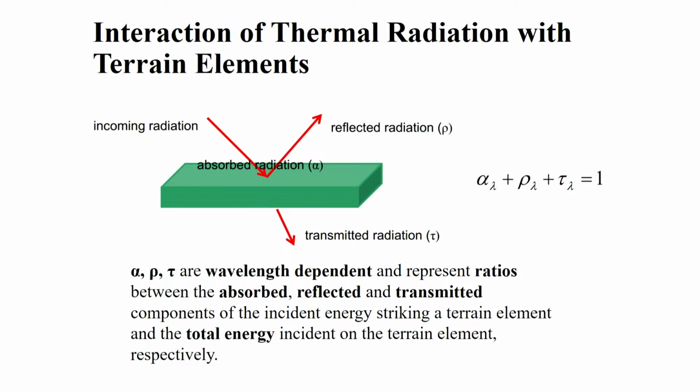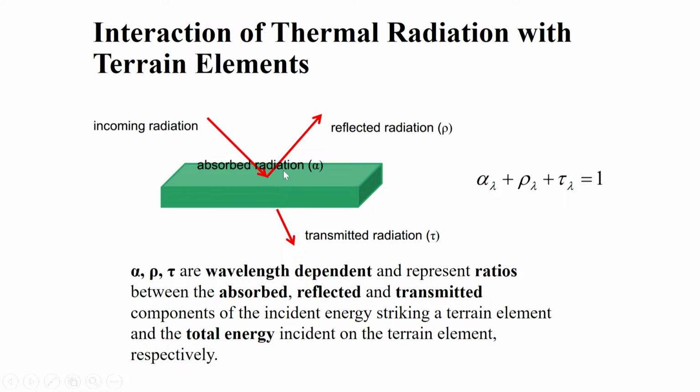Now, when we are talking about the interaction of thermal radiation with terrain elements, the incoming radiation will be distributed when any electromagnetic wave is incident on a surface. As you can observe here, the incident radiation is divided into three parts.